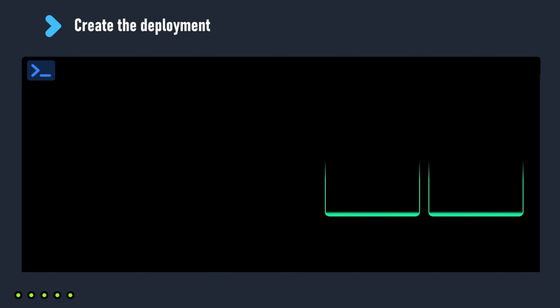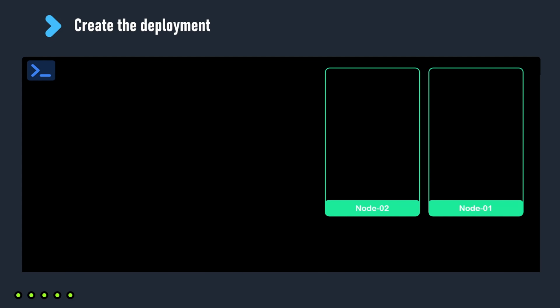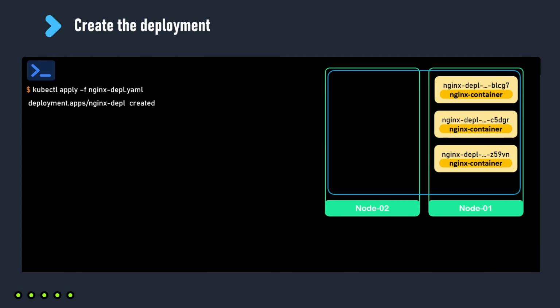To create the deployment, we perform the same steps as we did when creating a pod or a replica set. We execute the kubectl apply command, followed by the -f option and the name of the YAML file. To view the existing deployments, we use the kubectl get deployments command. And here we have only the deployment that we created a few seconds ago.